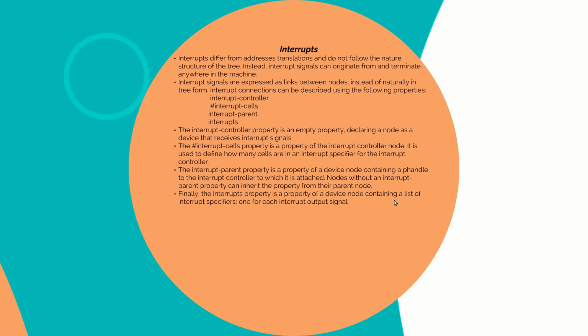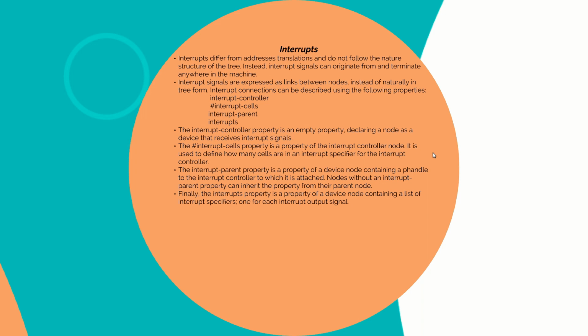There is an interrupt-parent property also. It will contain the phandle to the interrupt controller to which the device is attached, and nodes without an interrupt-parent property can inherit the property from their parent node.